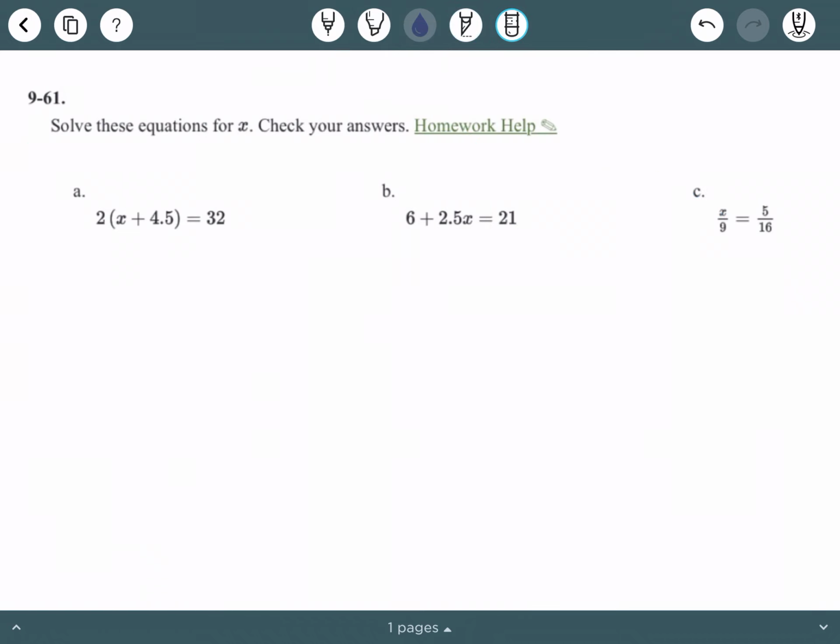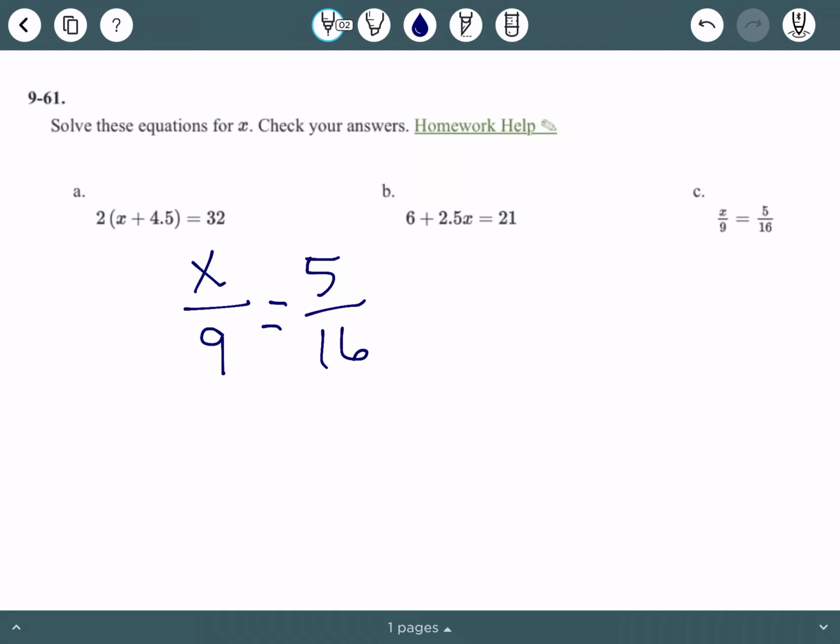All right, for this one, I am going to rewrite it just because I think it's going to get a little bit messy if I don't, and I want to make sure that you are all good on this. So no need to panic because they're fractions. This is nothing to be intimidated about.